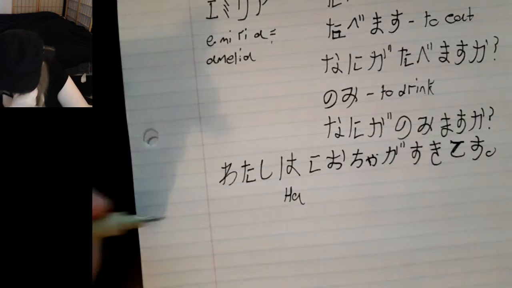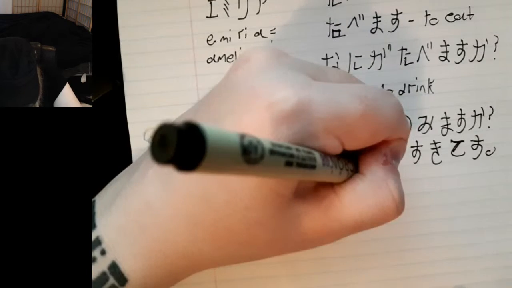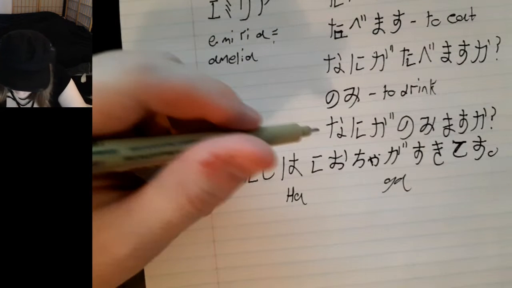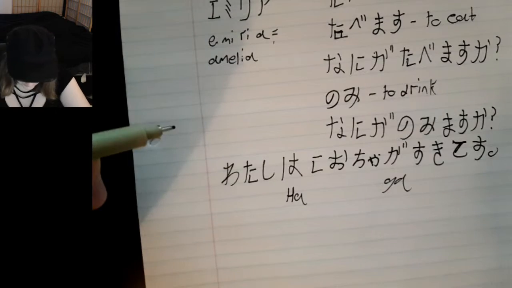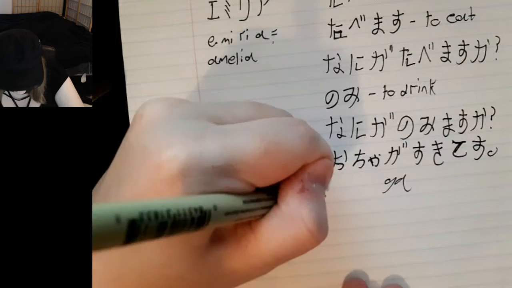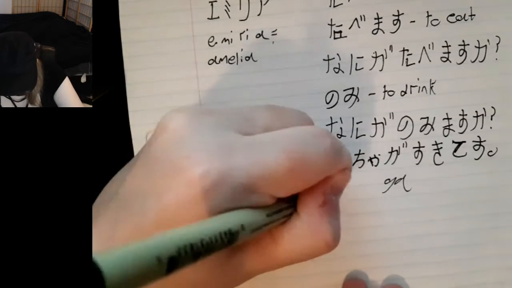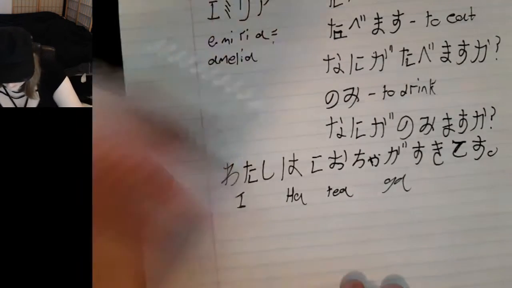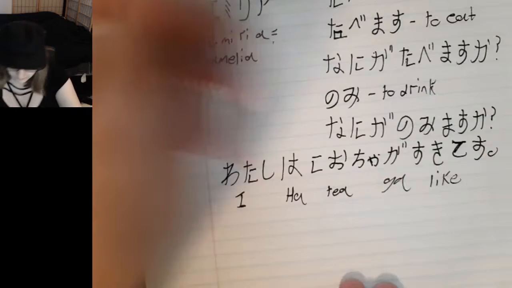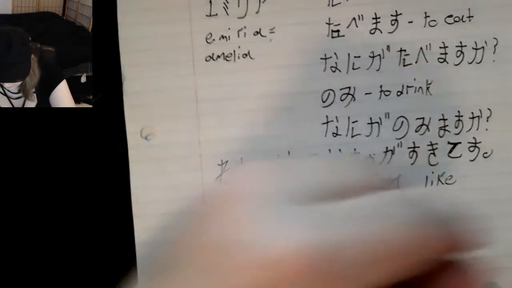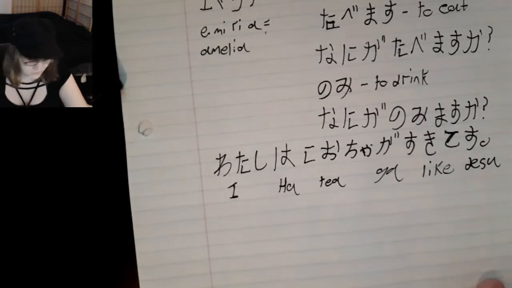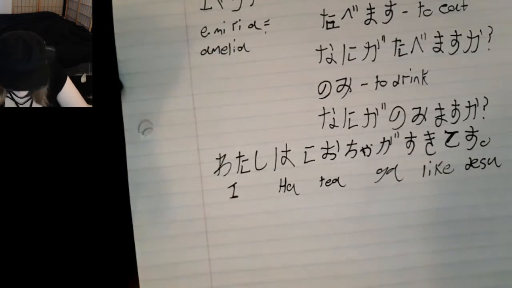Alright, so looking at the two particles in this sentence, I am saying watashi wa kocha ga suki desu, which means I, watashi wa, kocha, which means tea, Western tea specifically, ga suki desu, I'm saying I like tea.